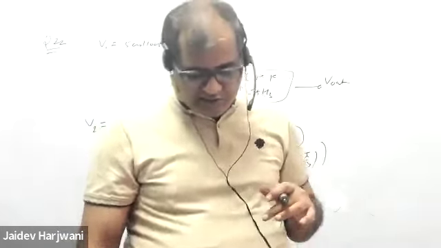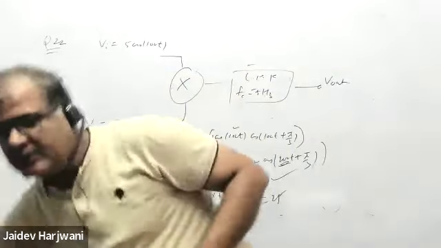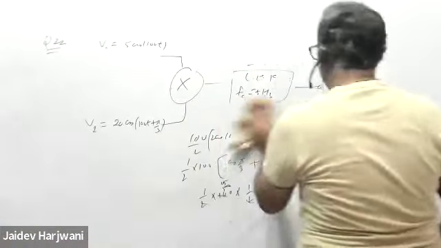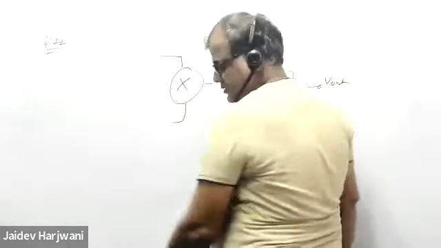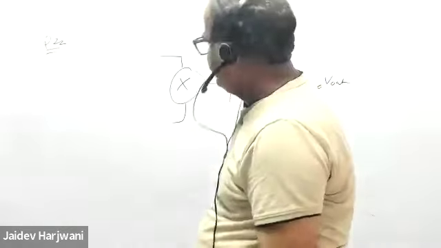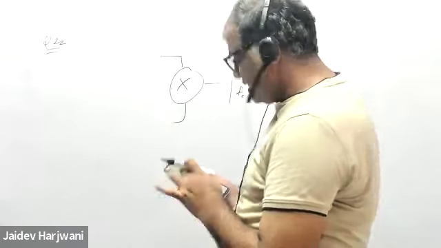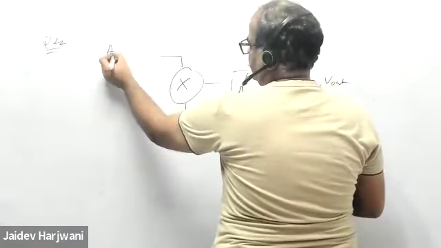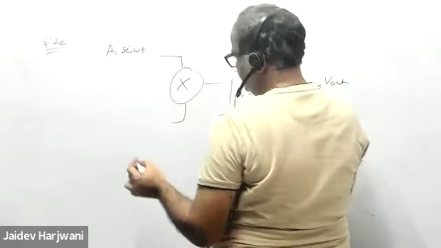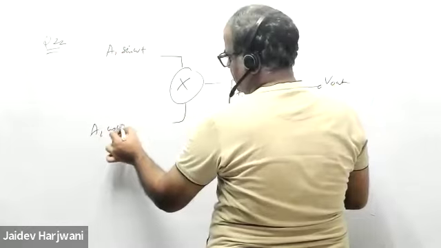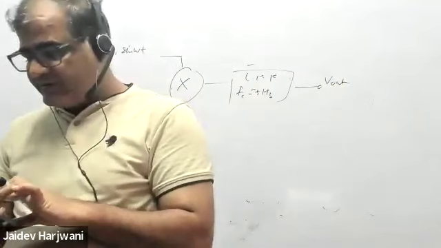Question number 23 is also like a mixer. Question 23 says two signals, A1 sin omega t and A2 cos omega t, are fed into the input signal and the reference channel respectively of a lock-in amplifier.